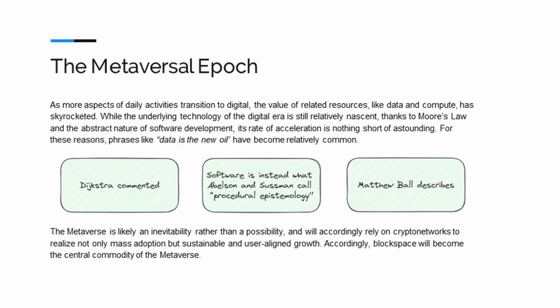Matthew Ball describes it more specifically as a massively scaled and interoperable network of real-time rendered 3D virtual worlds, which can be experienced synchronously and persistently by an effectively unlimited number of users with an individual sense of presence and with continuity of data, such as identity, history, entitlements, objects, communications, and payments.